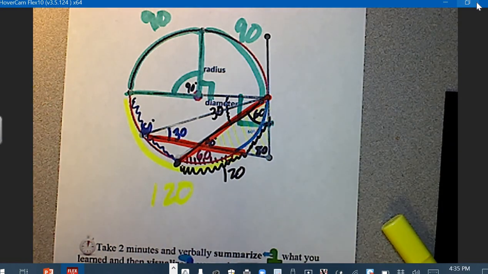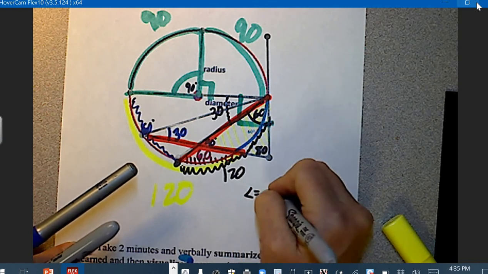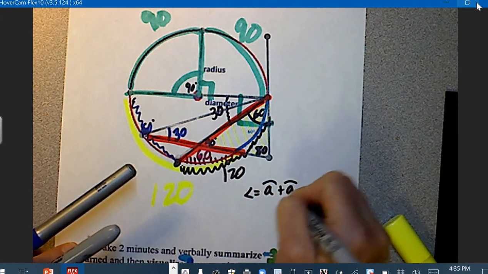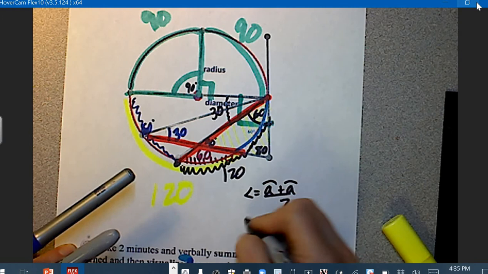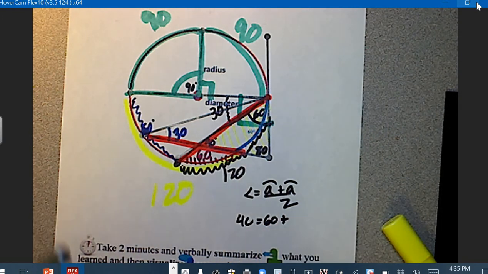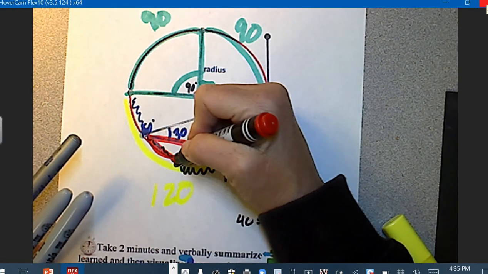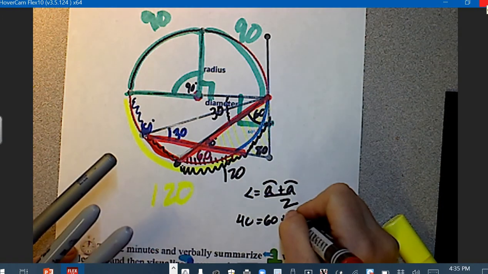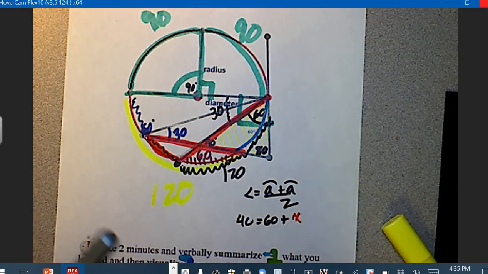Ready? That's a chord, and it is angle equals arc plus arc over 2. And our angle is 40, and our one arc is 60, and then our other arc, which is this little guy, which you don't know, in red, we'll call that x over 2.